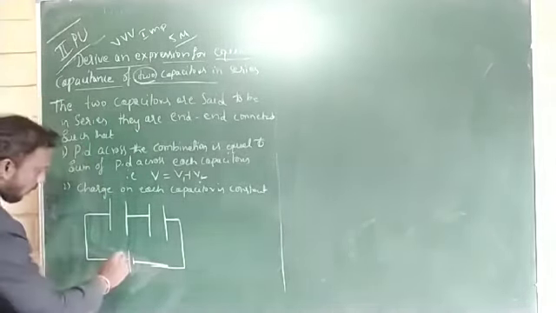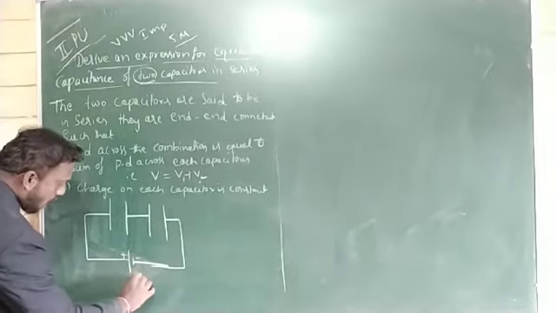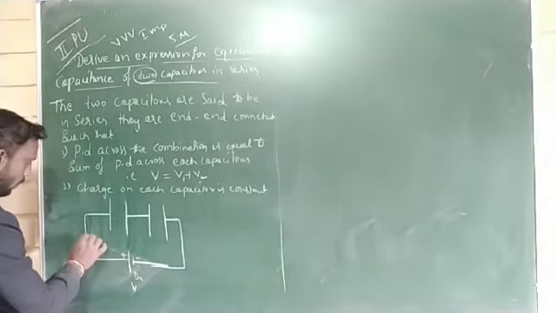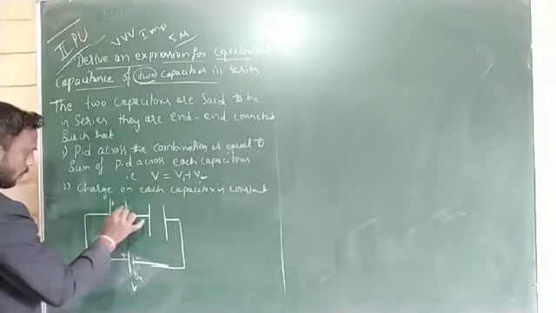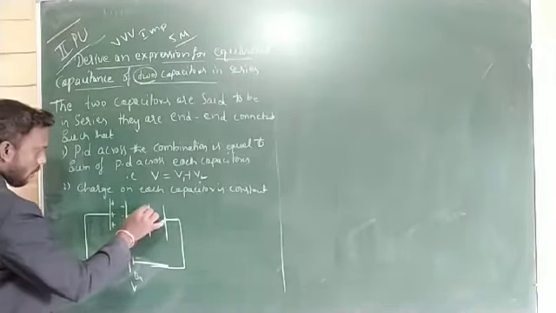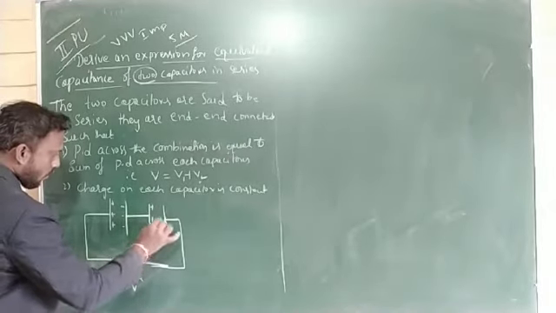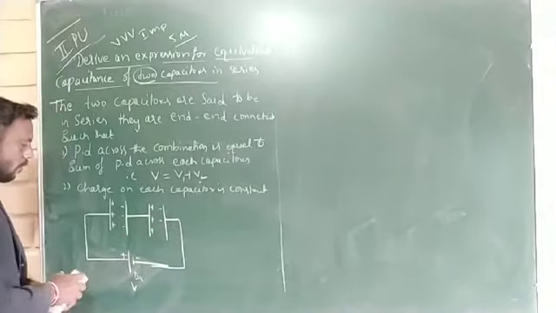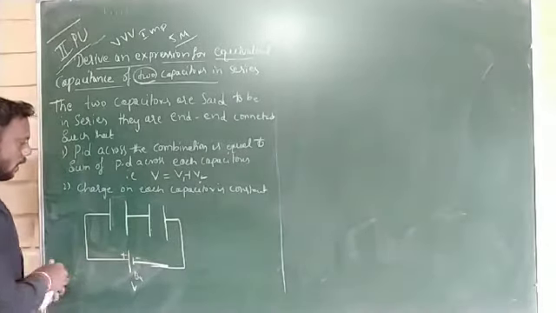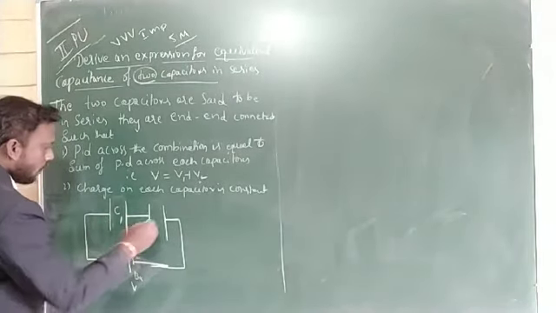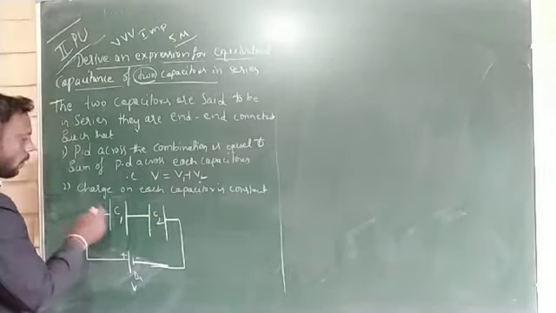This is the first diagram. This is the battery. Capacitor C1, capacitor C2.